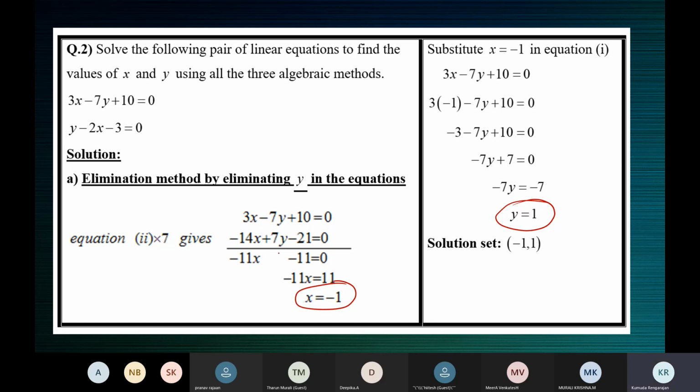So in the elimination method, here I've eliminated the variable y and found the value of x.